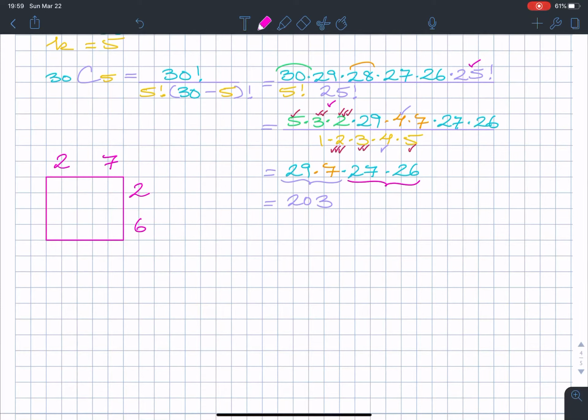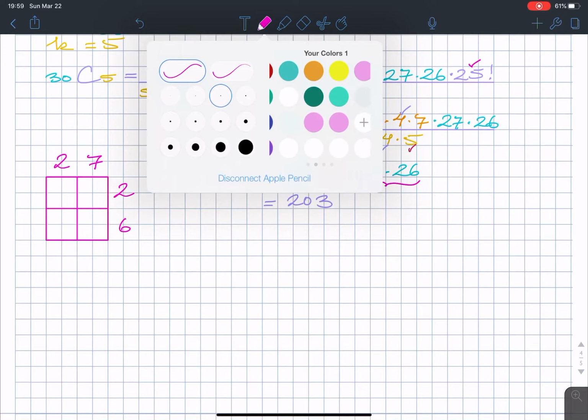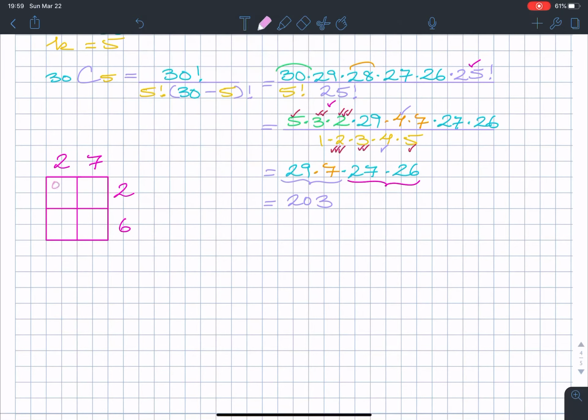Oops. Oh no, counting not my strong suit. I messed up. Okay, let's put this closer. There we go. Okay, so 2 times 2 is 4. 2 times 7 is 14. 2 times 6 is 12.